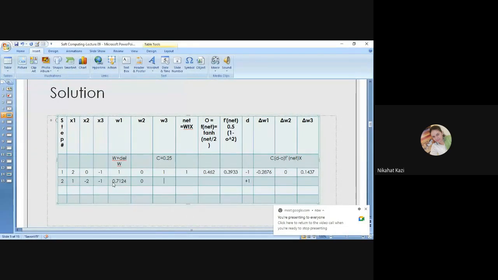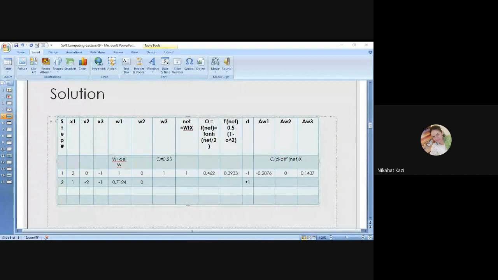W3 plus delta W3. Who is answering? Not Swati. Trupti. Trupti, are you there? Those who are not answering are absent. Vidhi, are you there?